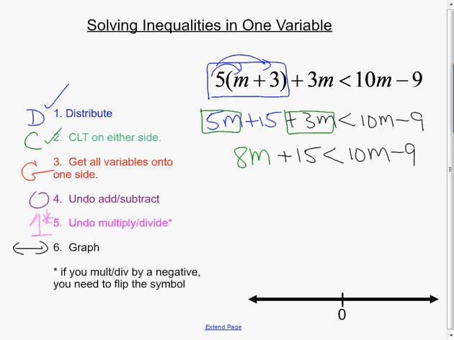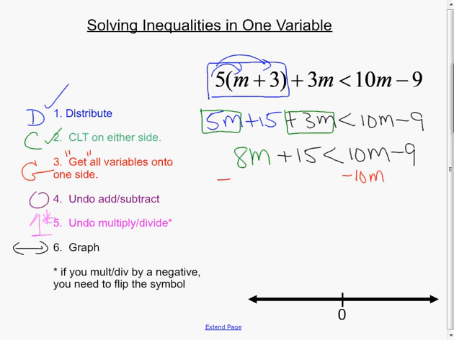Okay? And now I'm going to look to get all my letters on one side. And don't forget, get is kind of in quotes when we talk about it, because get is not a math operation, but it looks like what we do when we do this get step. So what I'm going to do is I'm going to get rid of a pile of m's, because I see that I have m's, the variable, on both sides of the inequality. So I'm going to get rid of this 10m by subtracting 10m.